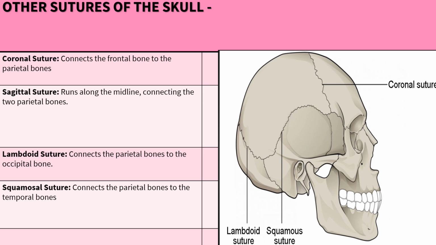So what is a suture? Sutures are the fibrous joints that connect the bones of the skull. The coronal suture is the most prominent suture in Norma Frontalis, but it can also be seen in Norma Verticalis.